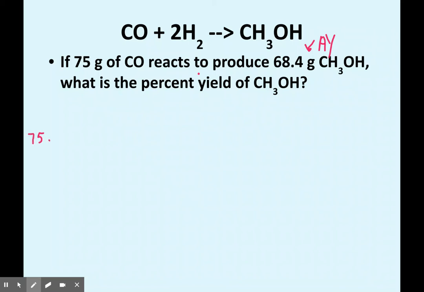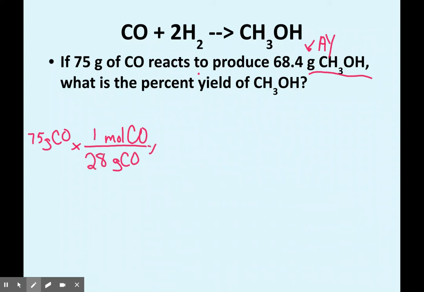So 75 grams of CO, and we're going to take that to grams of CH3OH. Grams of CO on bottom to moles of CO on top. 1, and this is 28. So 1 mole of CO, and here we're going to 1 mole of CH3OH.